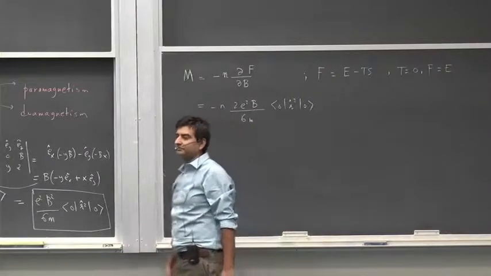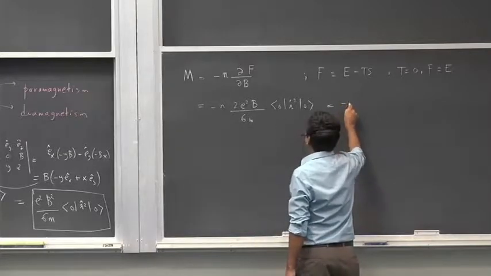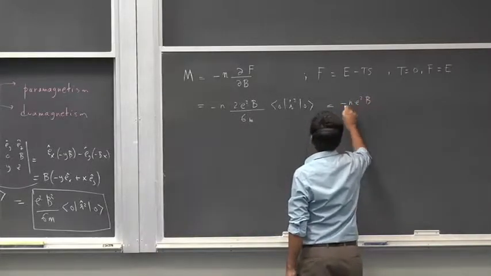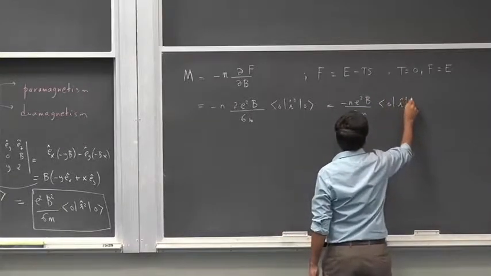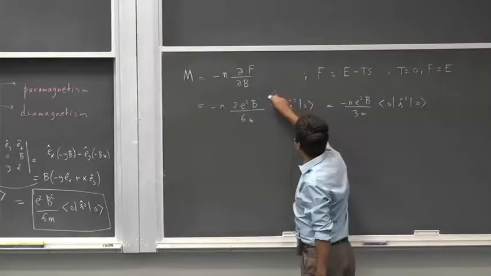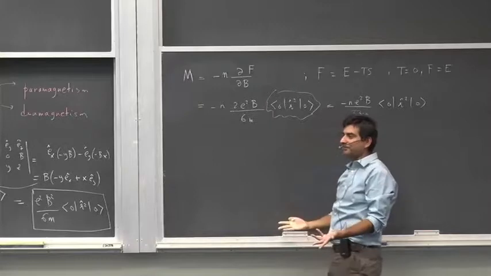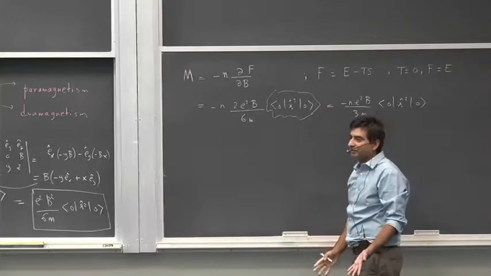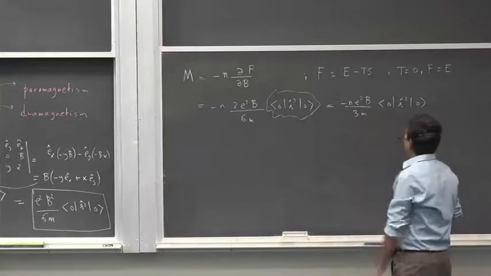So this is minus N e square B over 3m times the expectation value of r square. Here my assumption is that all of the electrons in the system have the same expectation value in the ground state for this r square. So all of the electrons are the same. Okay? So this is my magnetization.